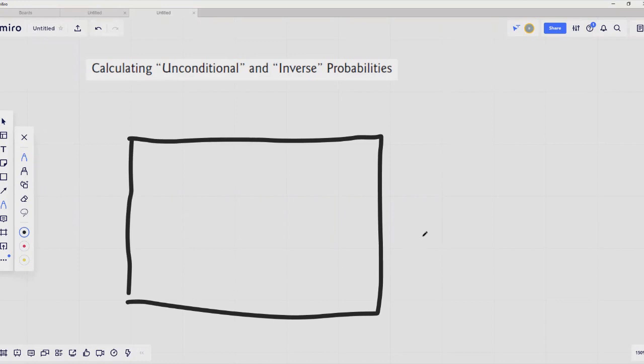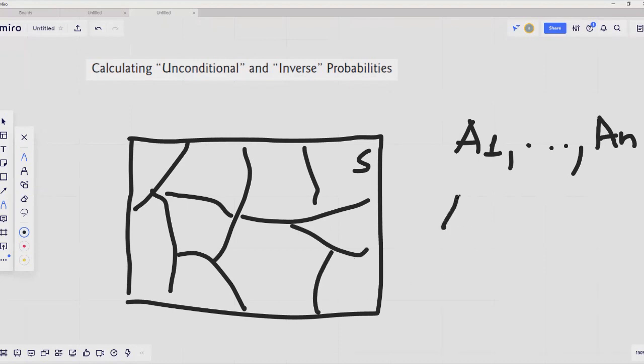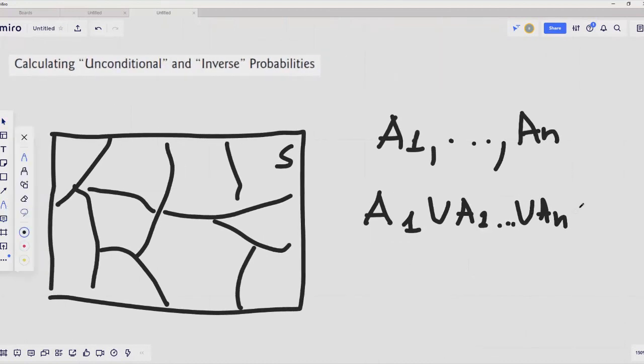A set of events A1 through AN partitions sample space S in a case when the union of those Ai's, so the union of A1, A2, and so on up to AN, makes up the whole sample space S, and the Ai's are mutually exclusive.